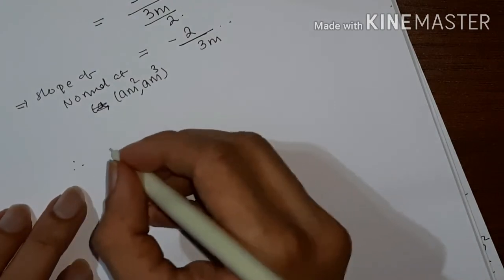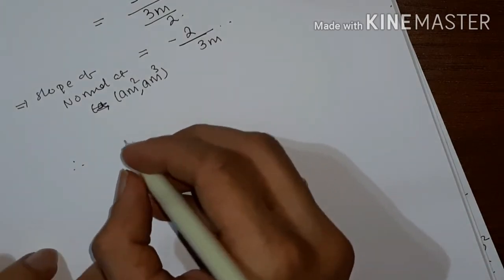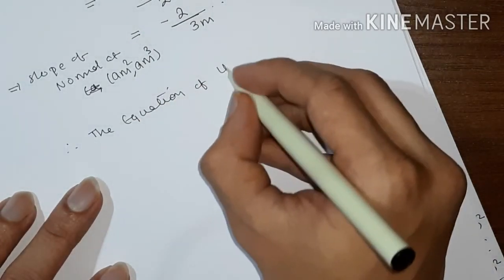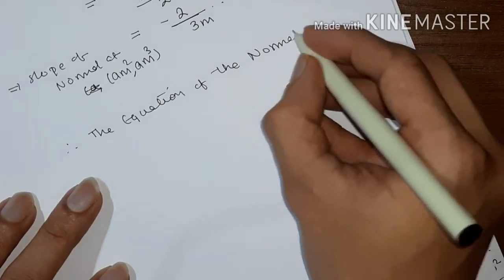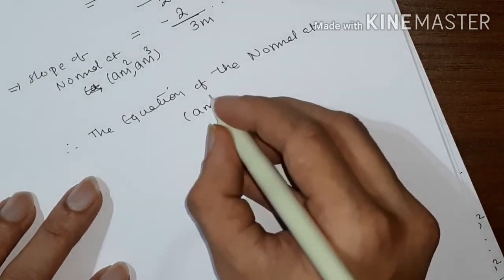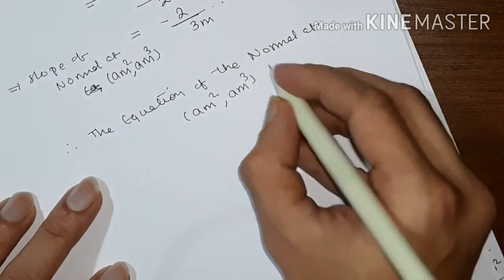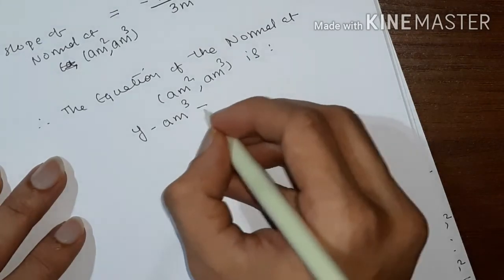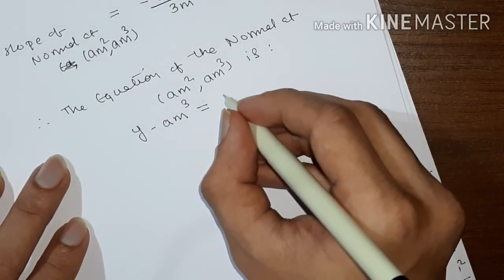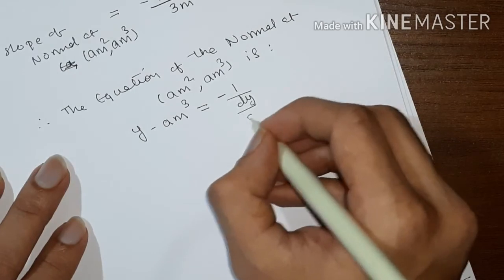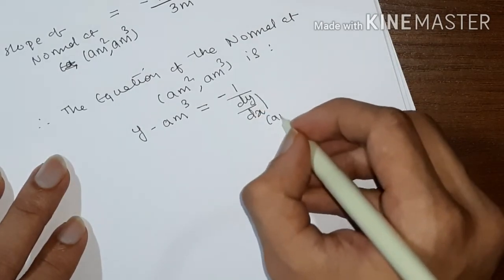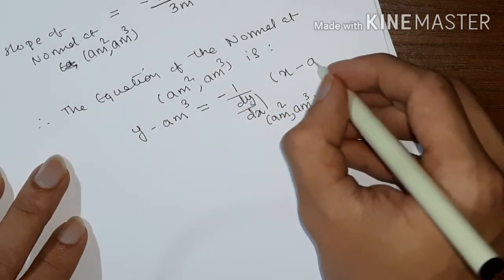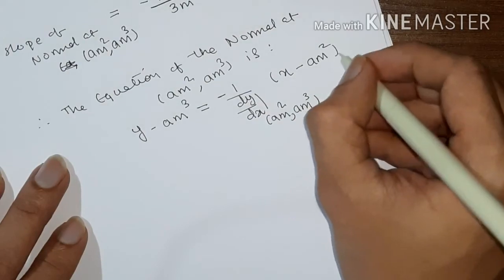So now we can find the equation of the normal. Okay, so the equation of the normal at am square comma am cube is y minus am cube equal to minus 1 divided by dy by dx at the point am square comma am cube, right, multiplied by x minus am square.